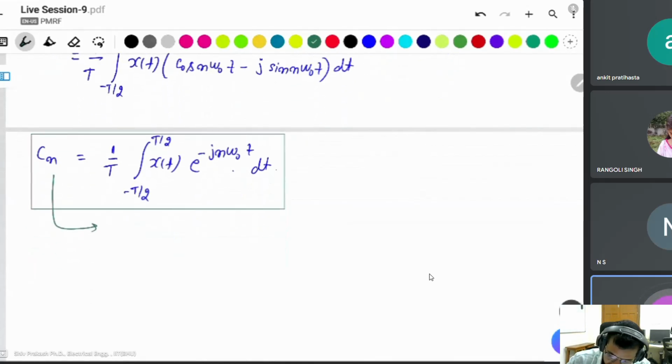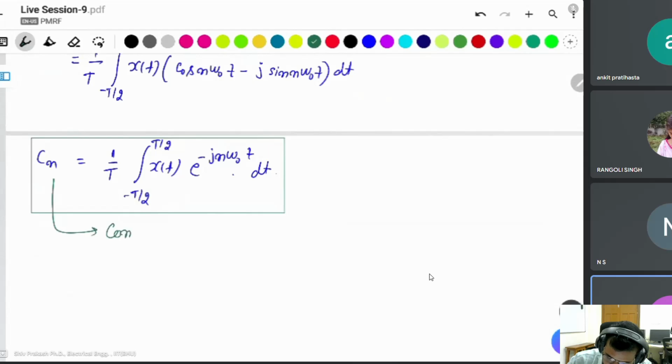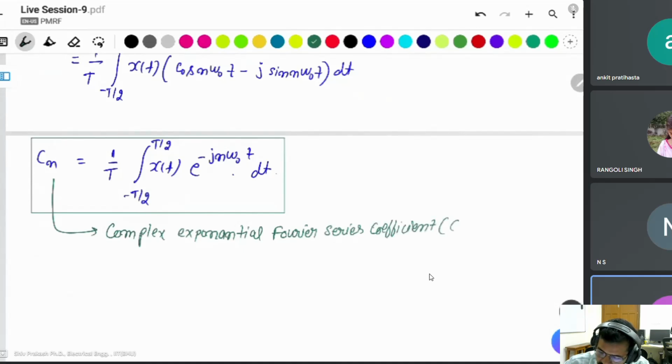This is known as the complex exponential Fourier series coefficient.